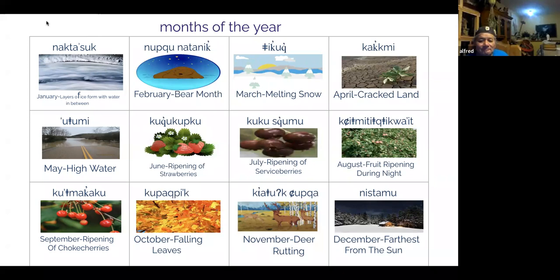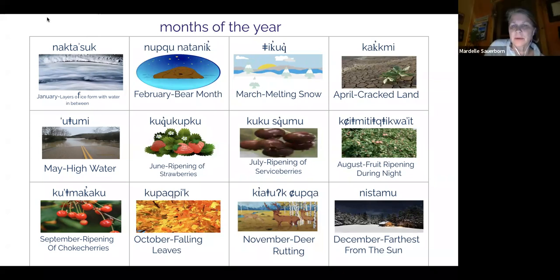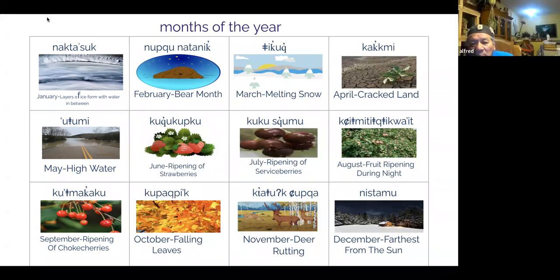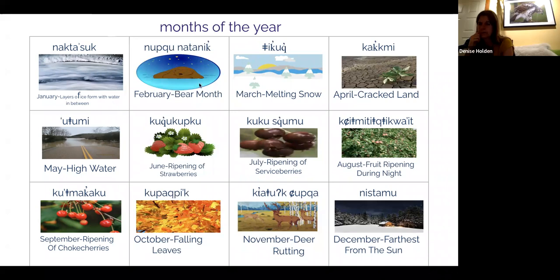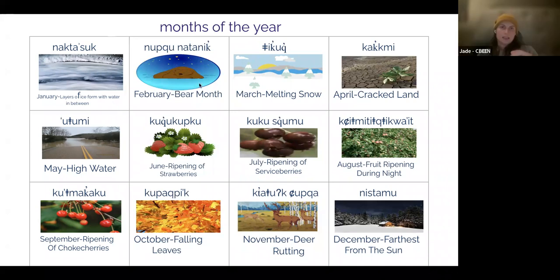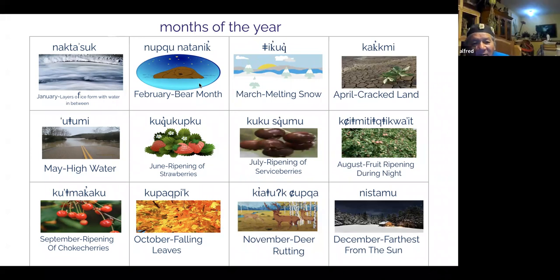Okay. I'm sorry, Alfred. Did you say that up here we usually use Nistamo? Yeah, Nistamo. I think I accidentally clicked to the next slide midway through. I thought it flipped over for the month of January.